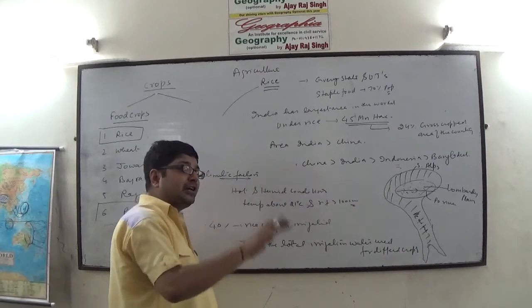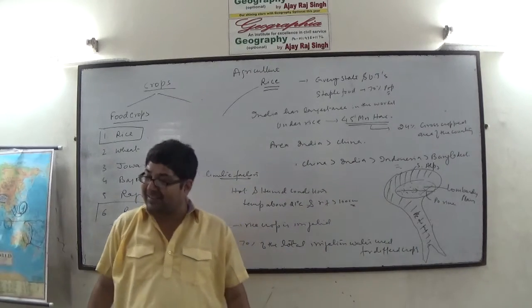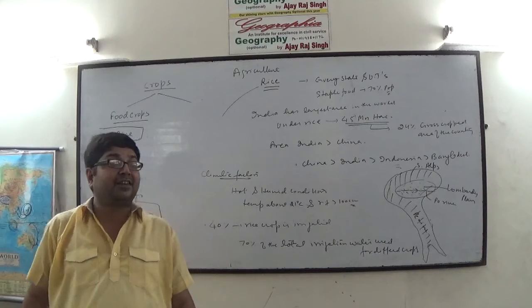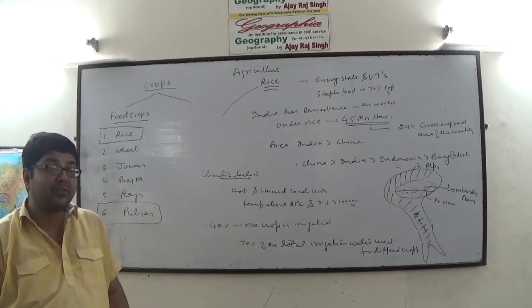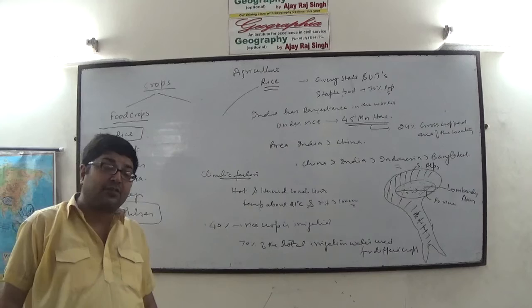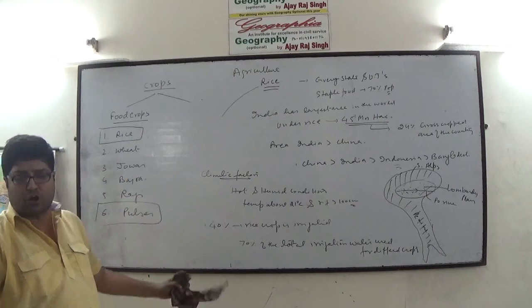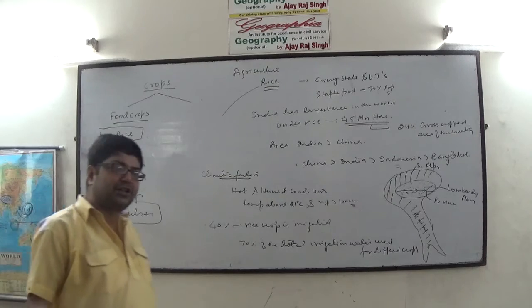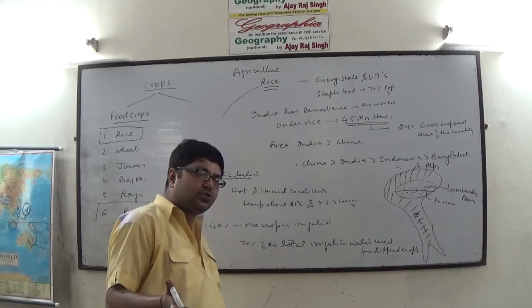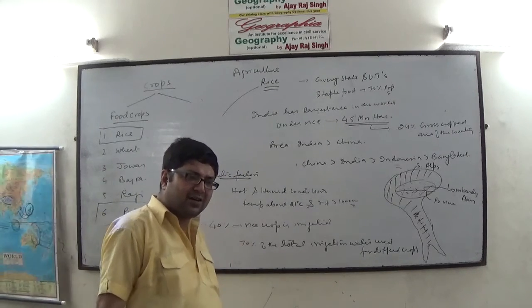Only 40% of the rice crop is irrigated. Despite this, rice cultivation accounts for 70% of the total irrigation water that is used for all the crops.